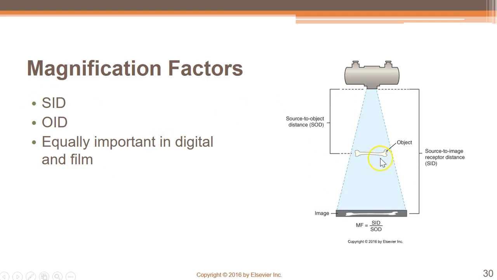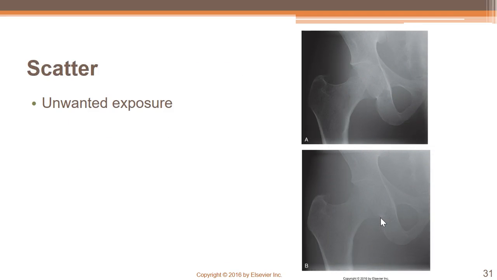If you have an object and your source to image receptor distance is too great, it's going to be greatly magnified. You can go back to chapter 10 and look at magnification and shape distortion. But those are the things that actually affect having a quality radiographic image, which is the content of this particular chapter. So let's go to another one.